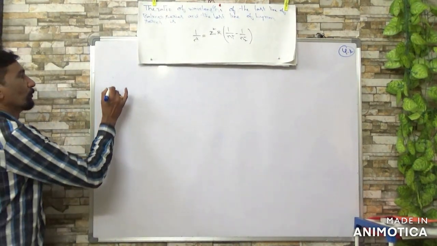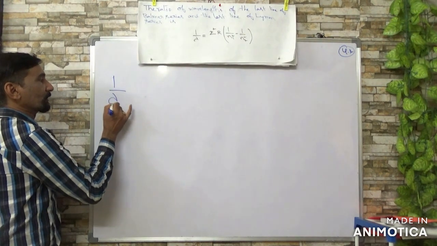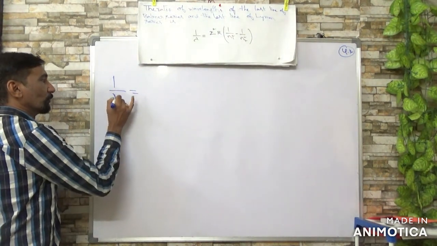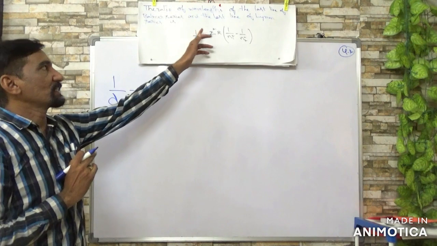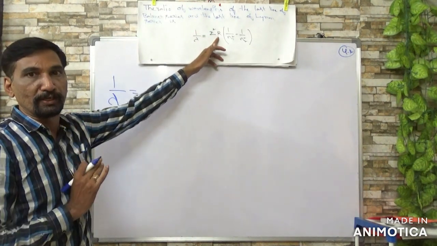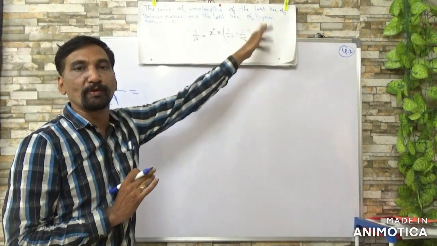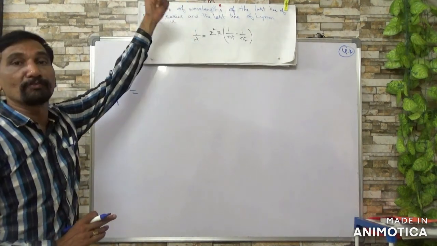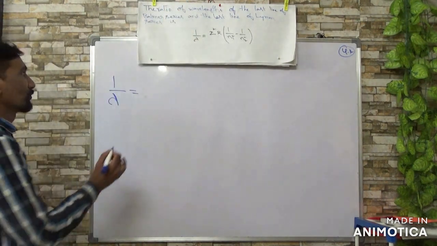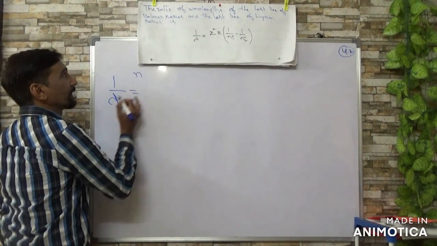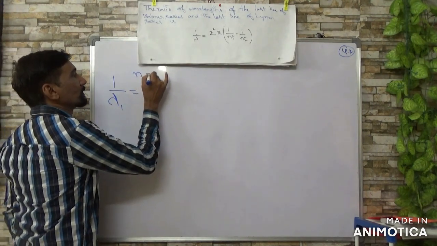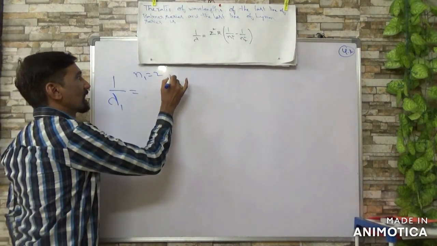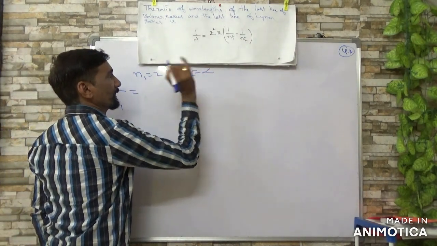Now about wavelength. 1 by wavelength is Z square times R, the Rydberg constant, into 1 by n1 square minus 1 by n2 square. First, the last term of the Balmer series, that means the transition is taken to the second orbit, and last means infinity.